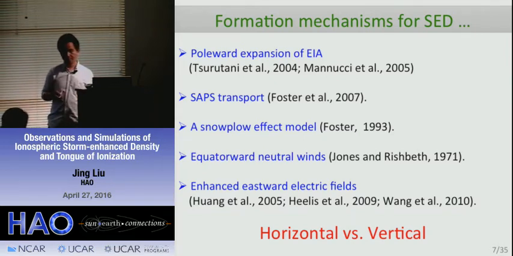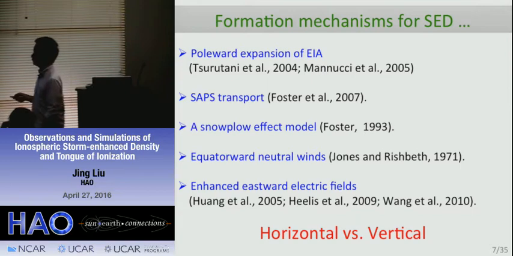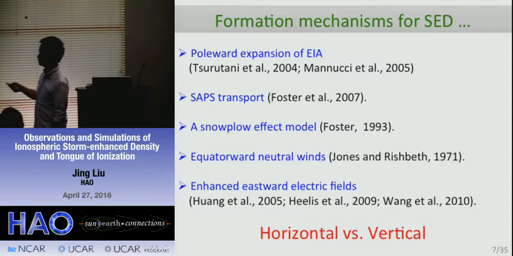What's the difference between the first and the last one? You mean the first one and the last one? That's also eastward. You said it was also an eastward electric field. Right? Okay, yeah, that's a good question. The first one involves the equatorial eastward electric field enhancement, that rises the equatorial ionosphere upward and followed by the diffusion.